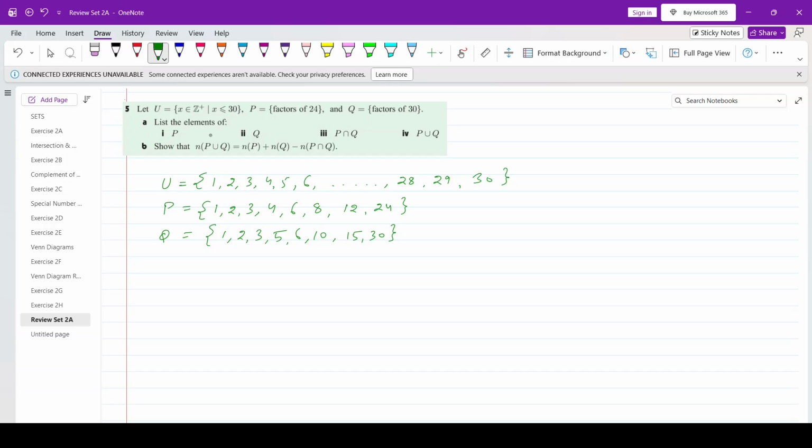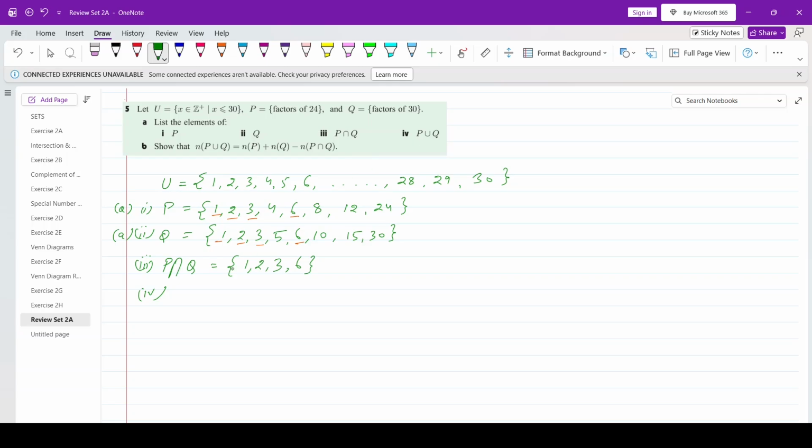The question says list the elements of P, that is A part 1, Q, this is A part 2, C is P intersection Q. So P intersection Q is going to be this, this, this, this, and that's it. P intersection Q is going to be a set containing 1, 2, 3, and 6.